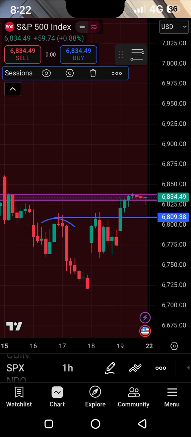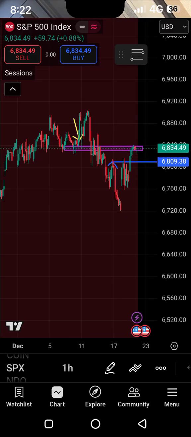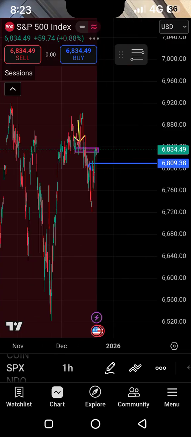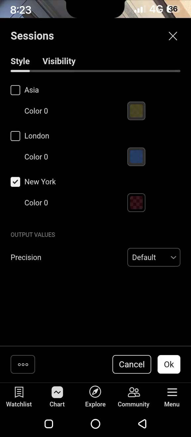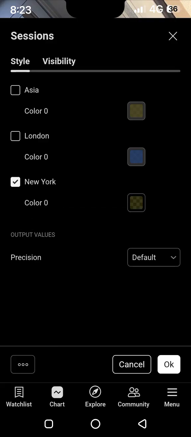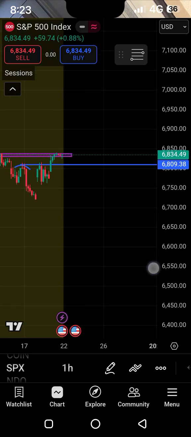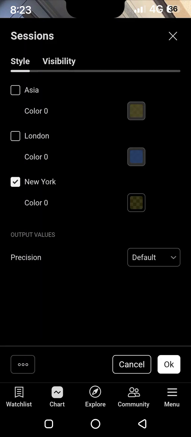Okay, so we see that in the New York session over here, what did price do? I'll just make it yellow a bit. Whenever price went, let me just put both of them because now it's a bit confusing.